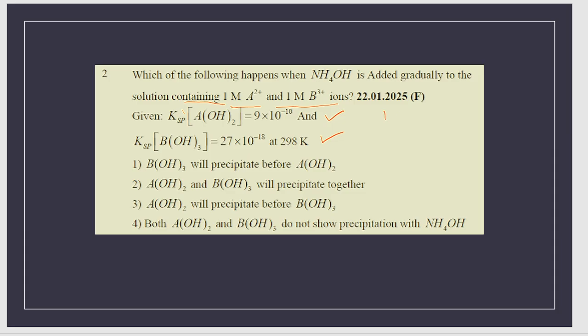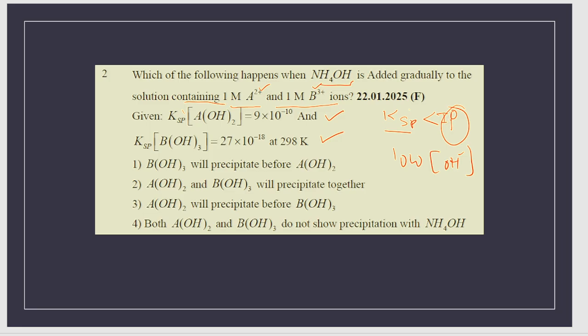And we know already that the hydroxide precipitates out when its ionic product exceeds its solubility product. But to calculate the ionic product continuously, as we are adding the NH4OH, the salt with the low concentration of OH minus ion required will definitely precipitate out if we keep on adding the hydroxide ion to the solution with the A plus 2 and B plus 3 ions. That is the principle here.